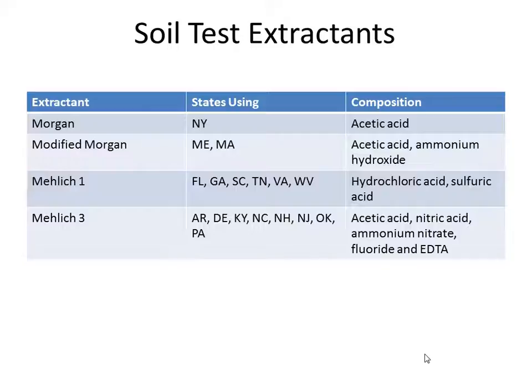Well, they're both right. The only one that makes sense is the one that is correlated to yield. WVU makes recommendations based on the soil test extractant that we use in our lab. So all the recommendations we make have been made on the basis of testing soils with the Mehlich 1 extract.